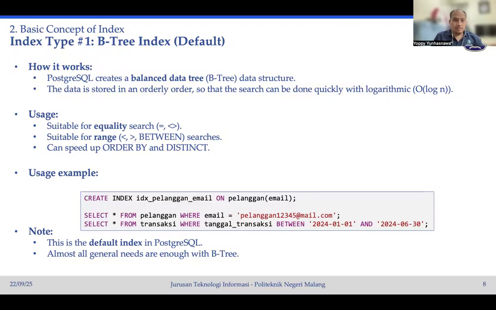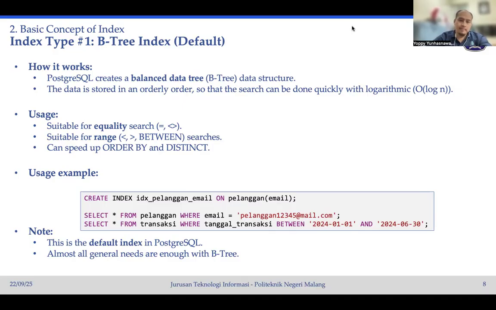The usage of this type of index is usually suitable for equality search. For example, a where statement with equals or not equals, and also ranges, like less than, more than, or between searches, and it can also speed up order by and distinct statements.